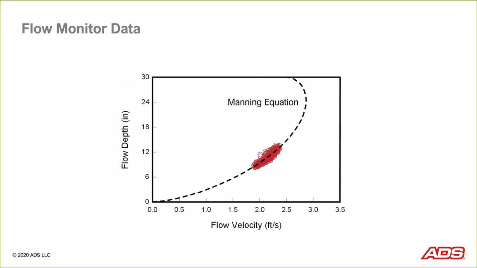So I plotted that here on top of this data, and all at once you can see that not only do we have some consistent data in terms of depth and velocity relating to each other, but it also follows a pattern that we might expect it to follow in a sewer. So that's a good thing. We automatically get some extra grounding, some extra framework on this data. The Manning equation turns out to be very important for understanding scattergraphs. Because of that, let's go talk about the Manning equation in a little bit more detail.